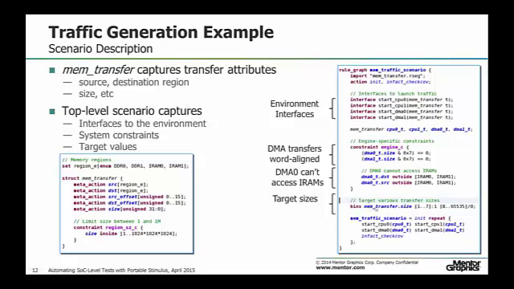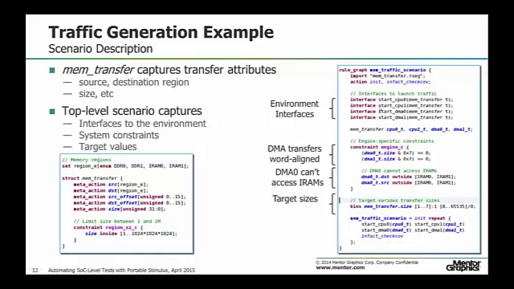And we use bins to say that we don't really need to target every single different size. We just want to do one of each of the small sizes, and we don't want to divide up the rest of the address space into 8 chunks. The whole scenario is then just starting the 4 different interfaces concurrently.